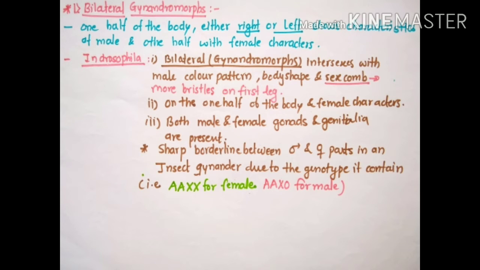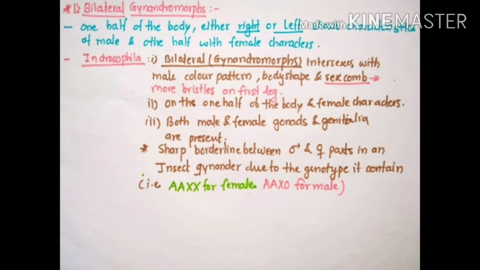Such a sharp borderline between male and female part in an insect is called the Gynandromorphus. Are you getting me? That is half part showing the female character, half part of body showing the male characteristic.